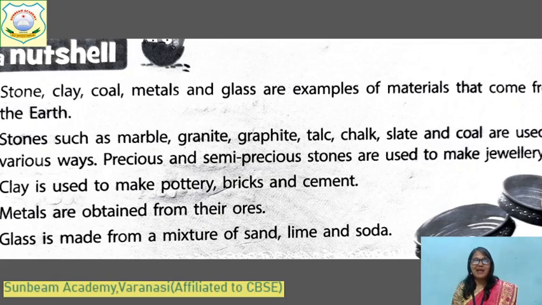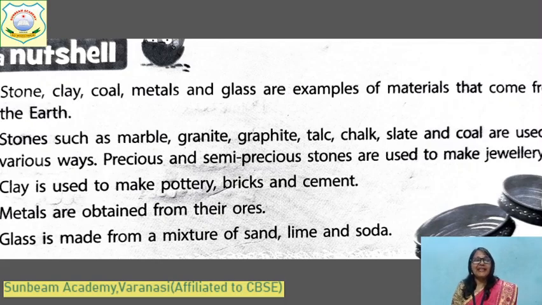Stones such as marble, granite, graphite, chalk, slate, and coal are used in different ways. Stones that are precious and semi-precious are used to make jewelry. They are very rare. Give me an example of a precious stone. Diamond and ruby. And clay is used to make pottery, bricks, and cement.